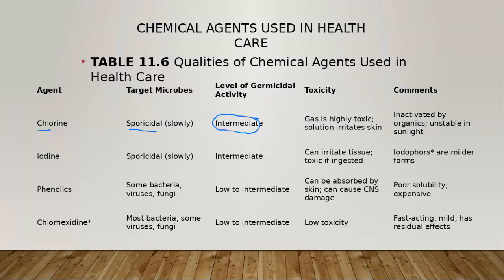It has toxicity, so sometimes it can irritate our skin, or if it is a gas, it may produce gas that is toxic to our body. Iodine is also intermediate level. It can be used as sporicidal. Phenolics, some of them are low, some intermediate. This really depends on the concentration or dose.